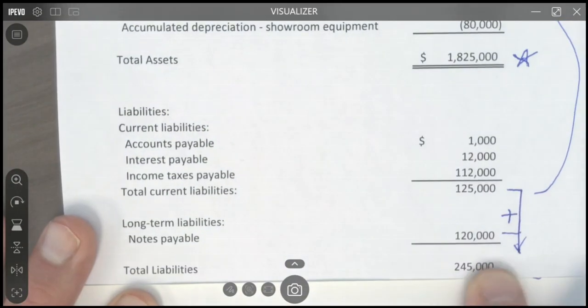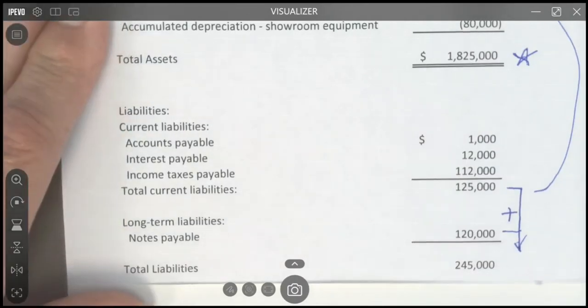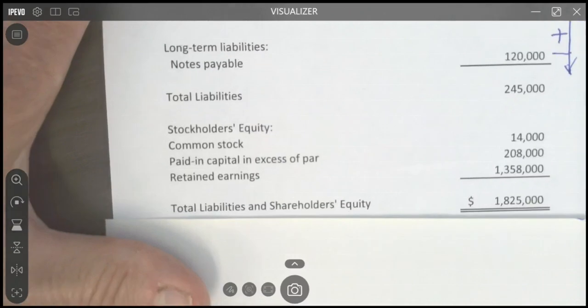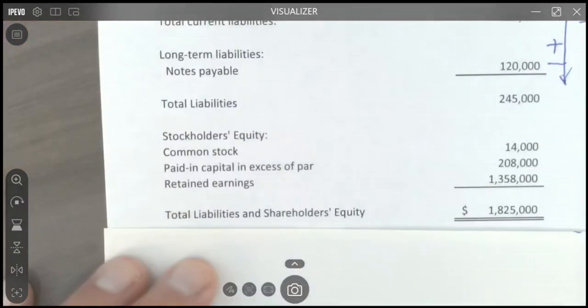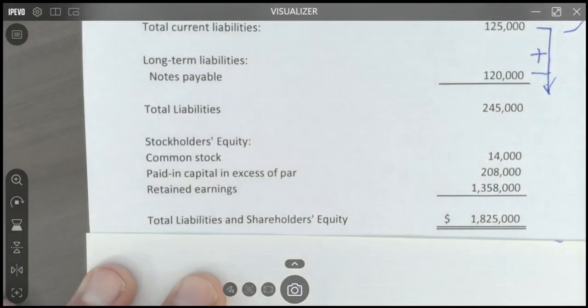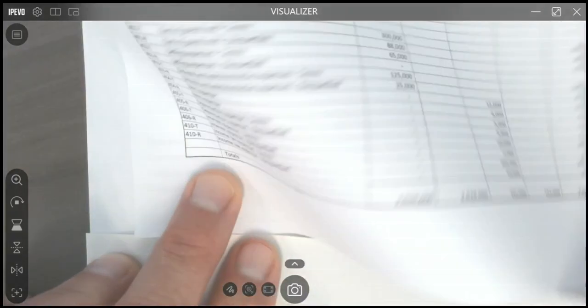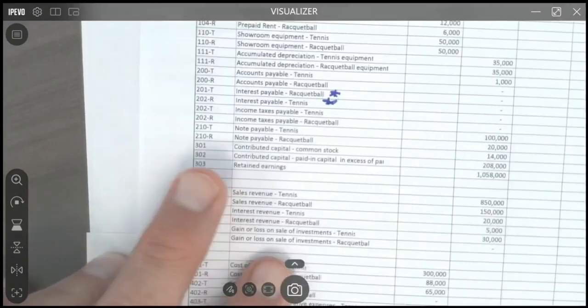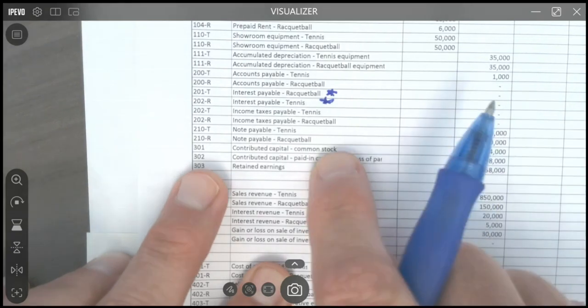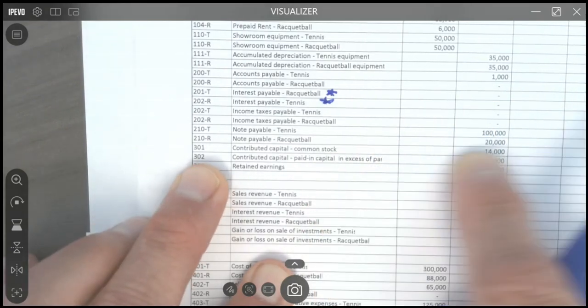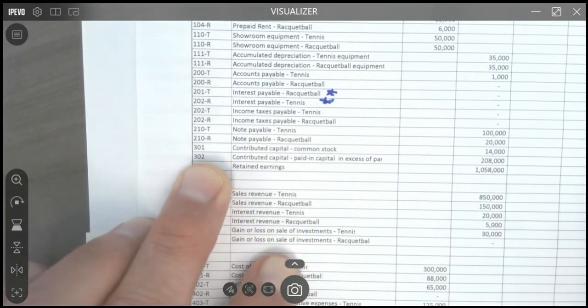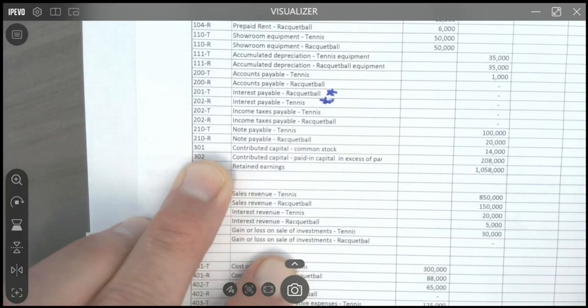So our equity is going to be 1.825 million minus 245,000, and it breaks out by the common stock, which is $14,000.